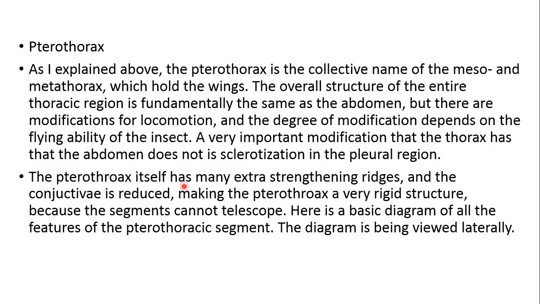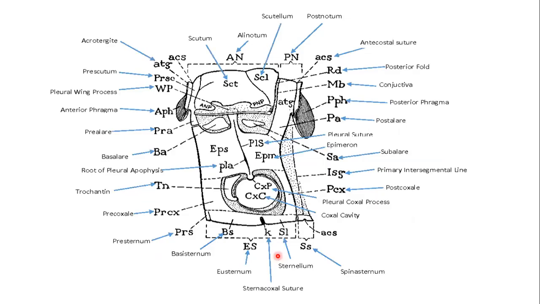The pterothorax itself has many extra strengthening regions and the conjunctiva is reduced, making the pterothorax a very rigid structure because the segments cannot telescope. Here, the basic diagram of a wing-bearing pterothoracic segment is being used. Here is the diagram.